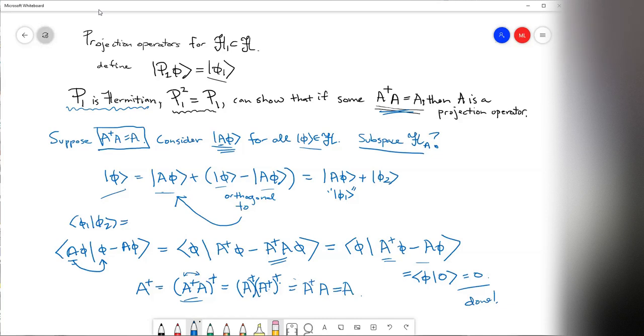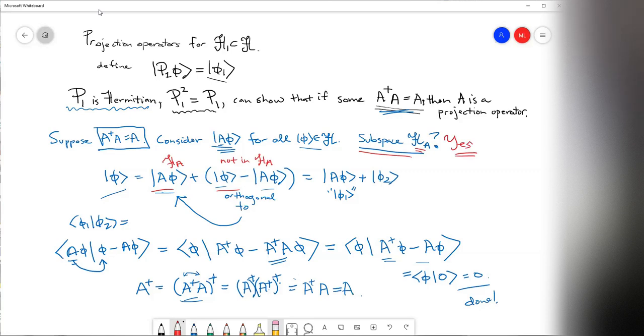So is this thing a subspace? Do we get a subspace where you have this decomposition into something in HA and something not in HA? That's what we proved, because we proved that this dotted into that is 0. So indeed, this is in HA and this is not in HA, because these are orthogonal. So is it a subspace? Yes, and you can prove other properties of it.